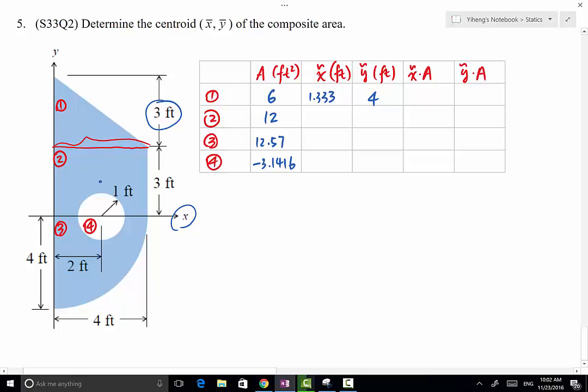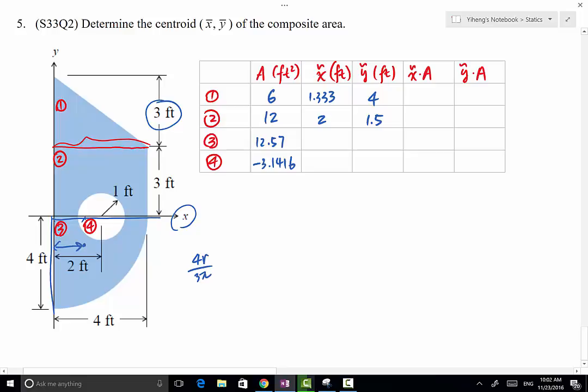Centroid location for area number 2 is easy. It's a rectangle. Its centroid is here. So that's going to be 2 feet and then 1.5 feet along the y direction. For area number 3, because we have a quarter circle, its centroid location from its own radius, or from here and here, this distance is going to be 4 times r over 3 pi, and its r is 4 feet.